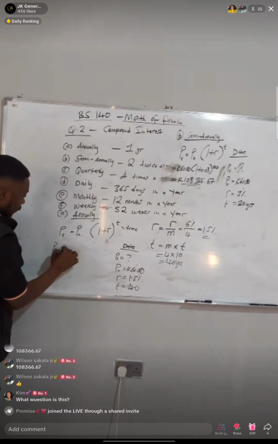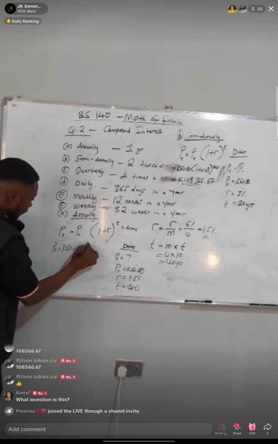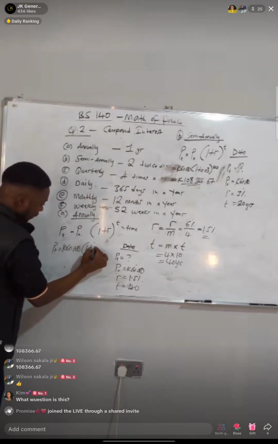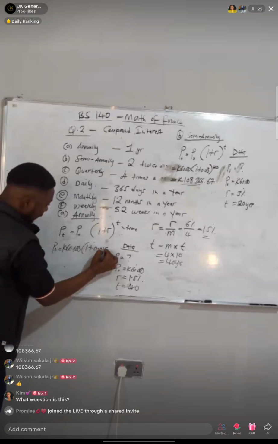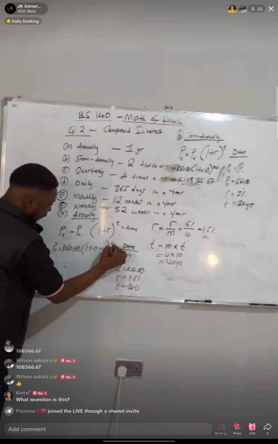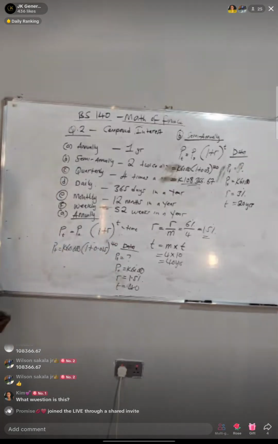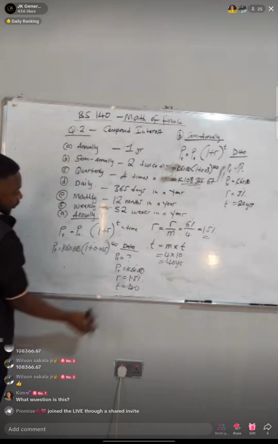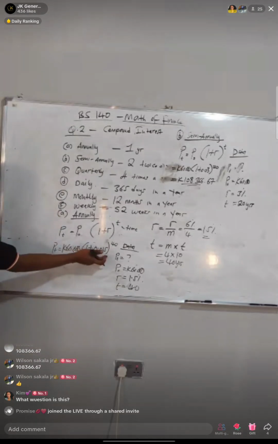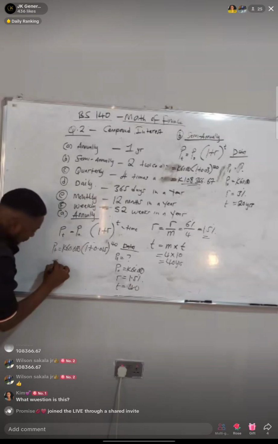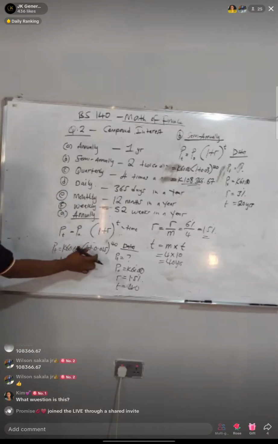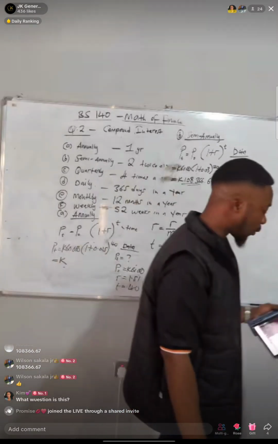So PT is equal to 60,000, open brackets, 1 plus 0.015, to the power of T, 40. When you divide this by 100, which is a percent, you're going to get 0.015. So we can now punch this on the calculator. I'm sure you've gotten the concept now.